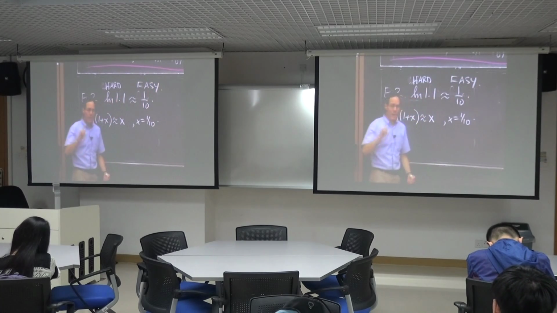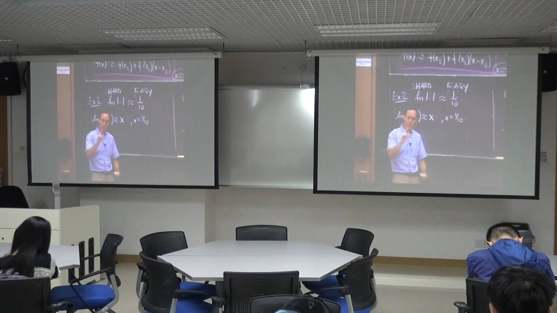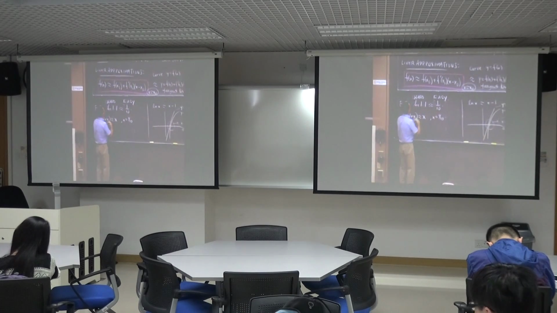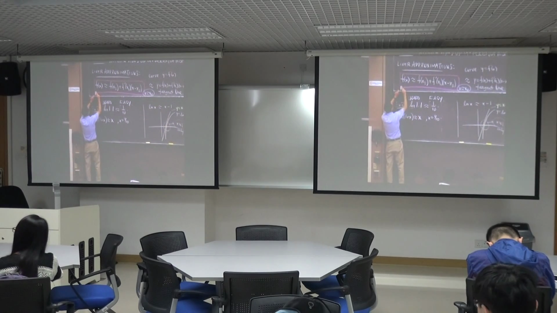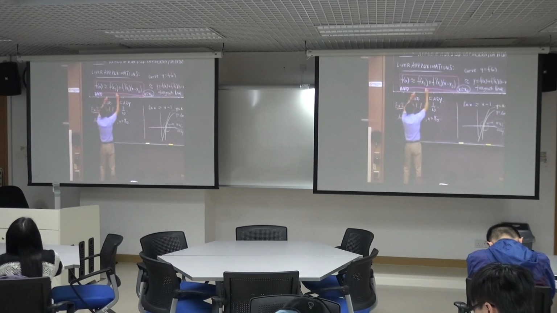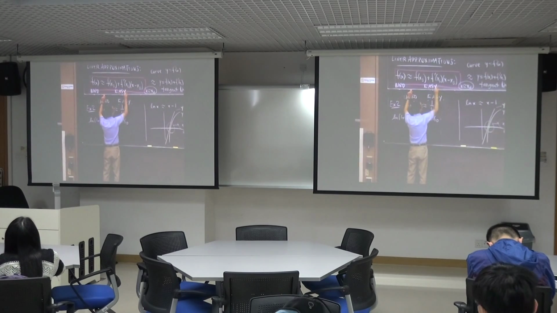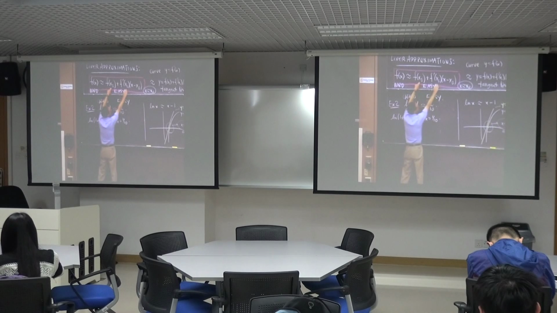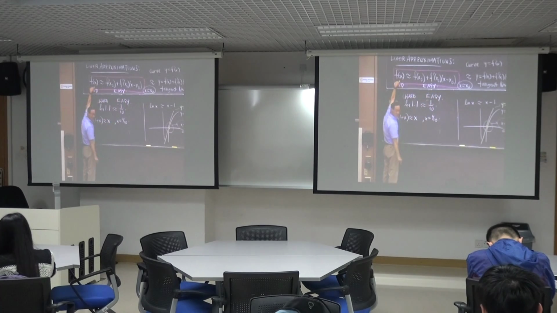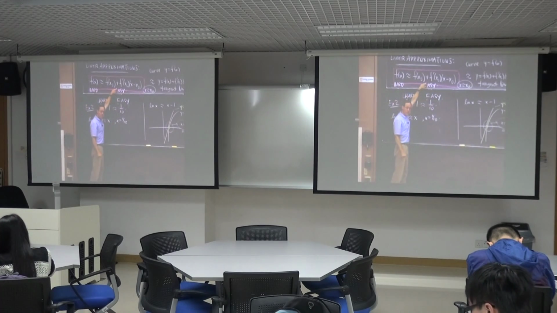That may look contradictory, but I want to do it right above as well. This is hard, and this is easy. This looks uglier, but actually this is the hard one, and this is giving us information about it.